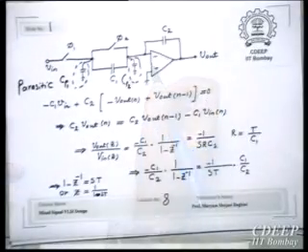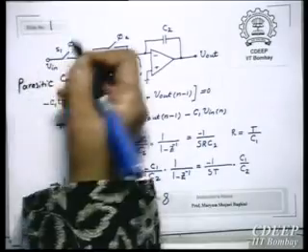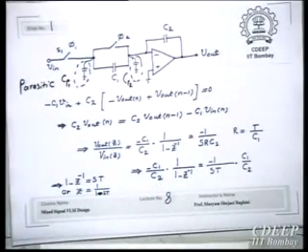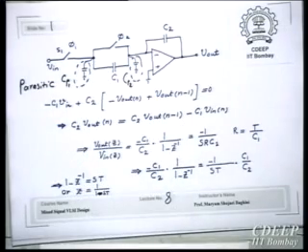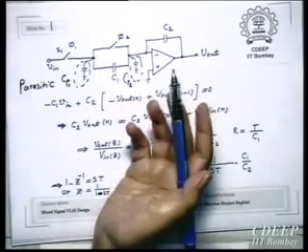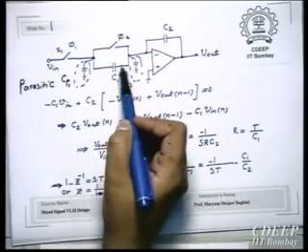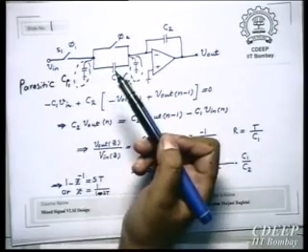So if switch S1 in phi 1 is not ideal, then the voltage here won't be exactly Vin. But if we give it enough time, then this will get charged. And then when it is getting discharged, this charge will remain here.